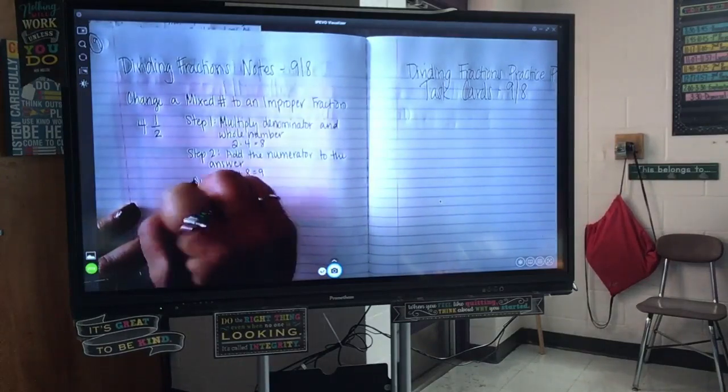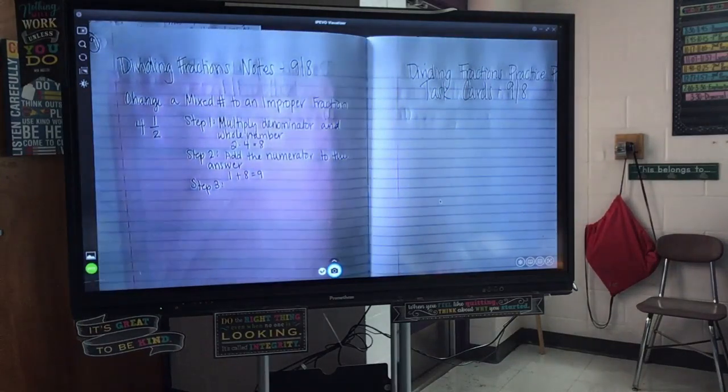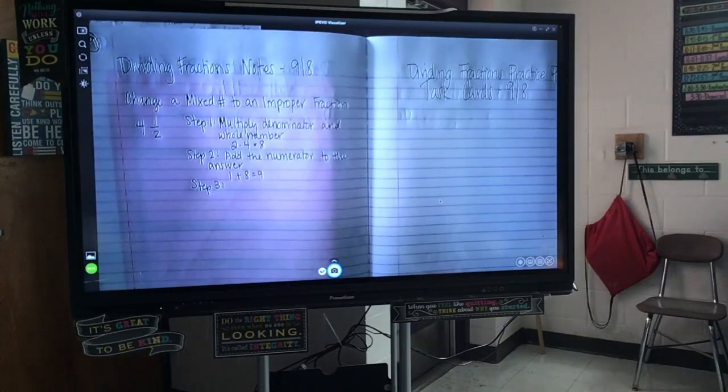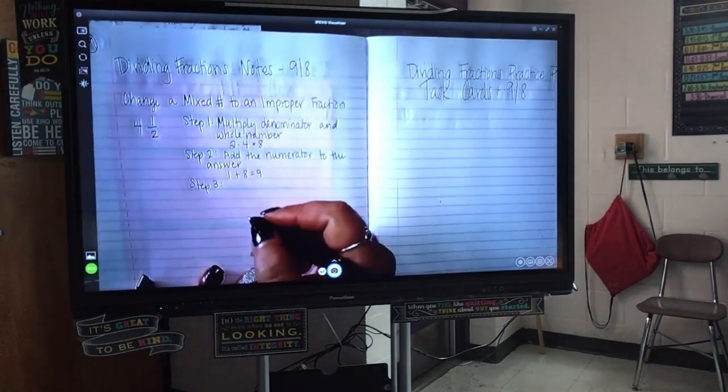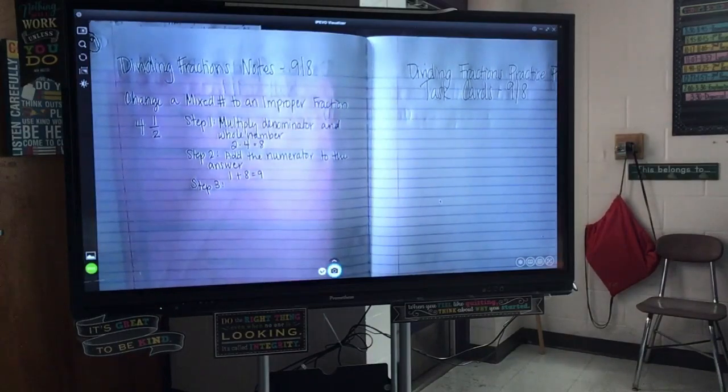And then step 3. This is one of those steps that we forget a lot. So what is step 3? Once we figured out our new numerator, we did 2 times 4, which gives us 8, plus 1 gives us 9. How do we rewrite that then as an improper fraction? We have to put our answer over what? Raise your hand. The original denominator. Okay.